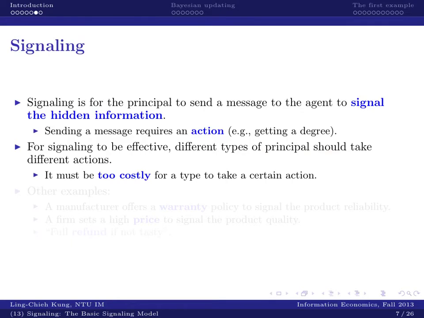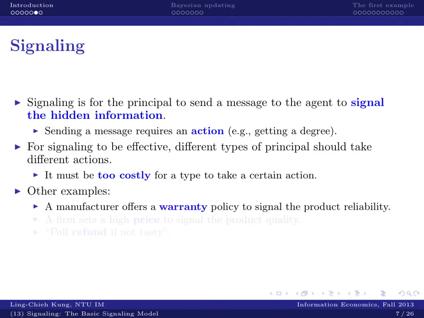That's intuitive. If different people do the same thing, how may you differentiate them, right? So it must be too costly for a certain type to take a certain action. That means in our graduate division, we need to require you to write a very difficult thesis or a very contributive thesis so that getting this degree can really help you differentiate yourself.